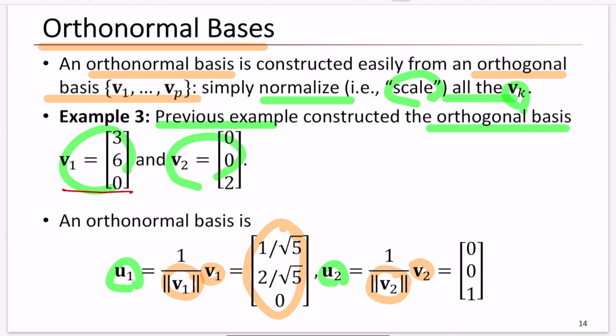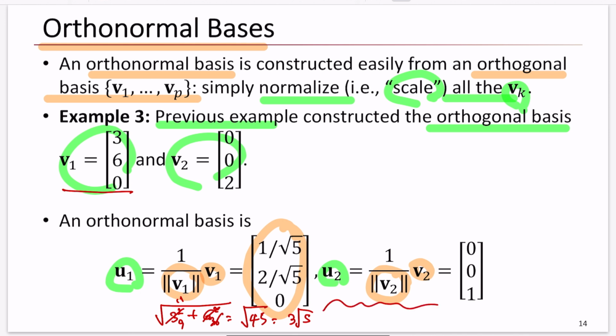So like this, how can you do that? Given x1 like this, the length of v1 is the square root of 3 squared plus 6 squared, which is 3 square root 5. So it's going to be 1 over square root of 5, 2 over square root of 5, 0.